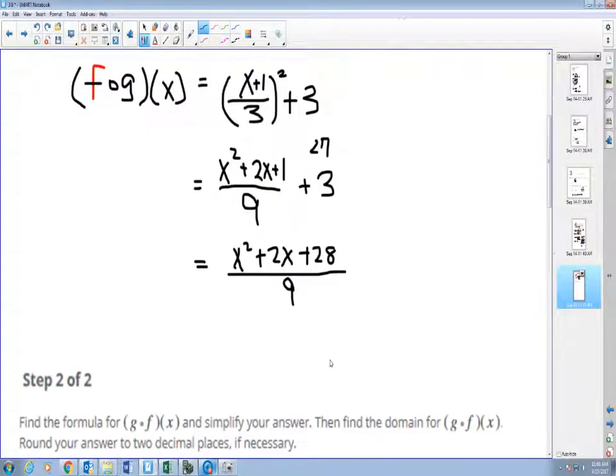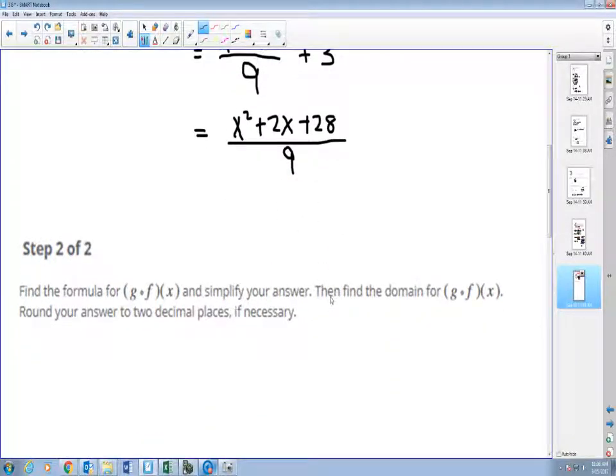Alright, so that's it. This is as simple as I can make it. There's no need to factor the numerator. If it's factorable, there's no need. I don't even think this is factorable, because there's not going to be any 9 coming outside the parenthesis to cancel out with your 9. So I know this is the simplest answer.